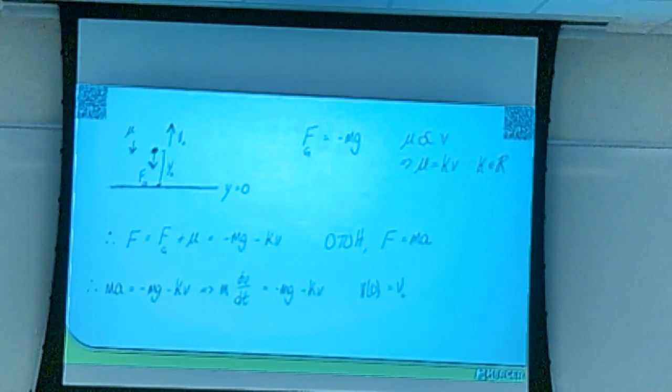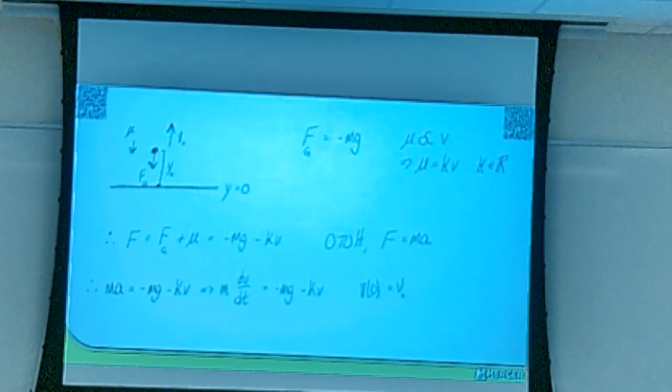What kind of equation is that? Linear. That's linear.